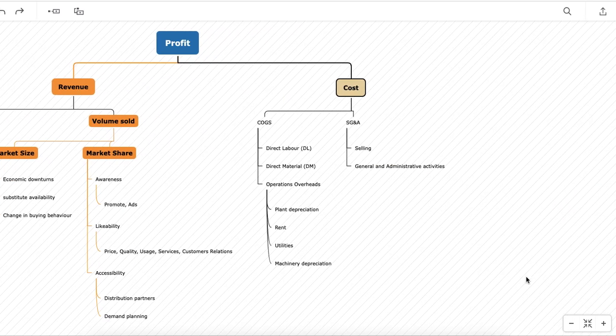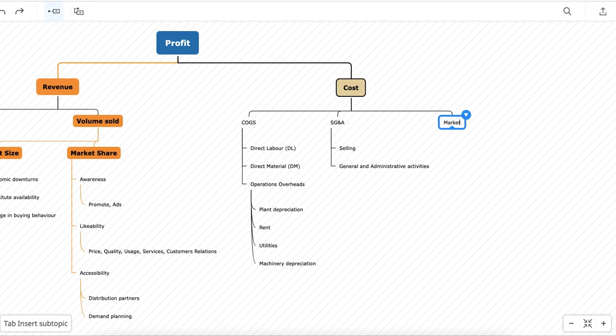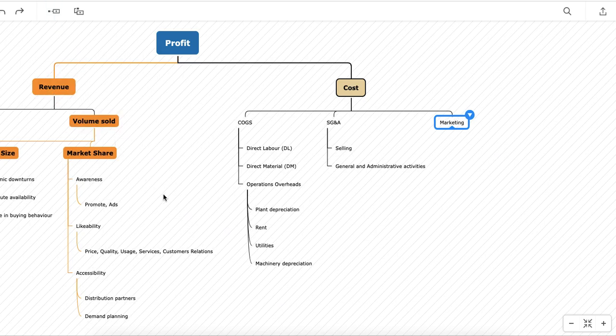Now, after SG&A, the next thing that comes is marketing cost. So this will constitute your brand management related things. Although you are not running sales promotions, you always spend some money on your brand, basically to make people aware, right?